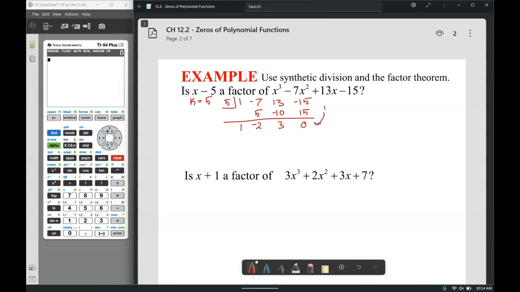And because we get a remainder of 0, that means that x minus 5 is a factor. And it also means that 5 is a 0. Through that transitive property, we also know that 5 is a 0.